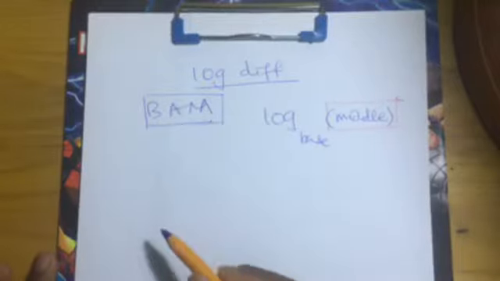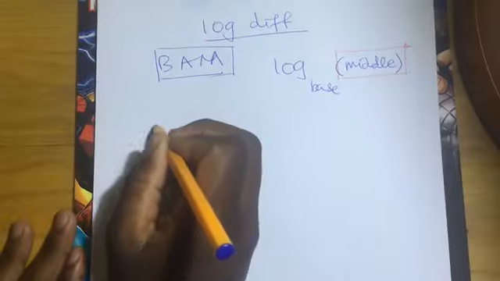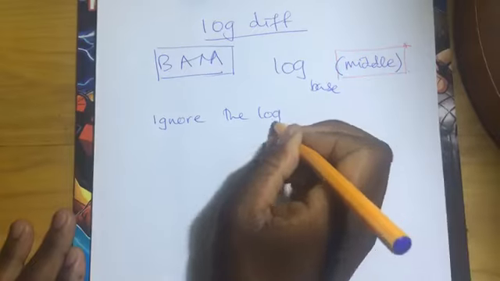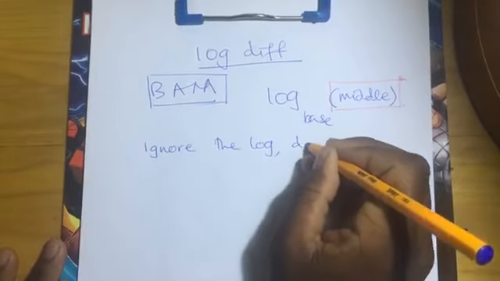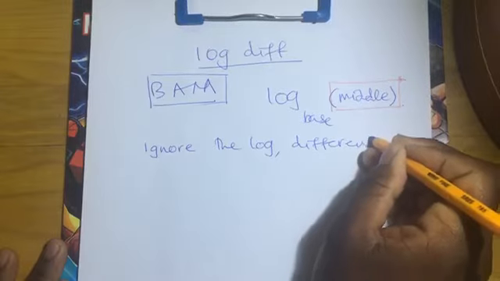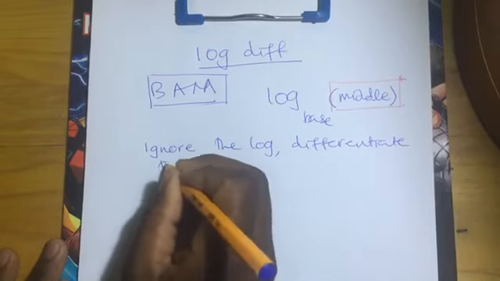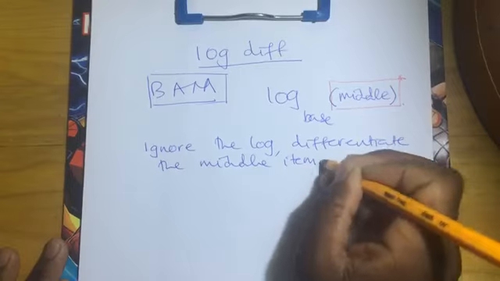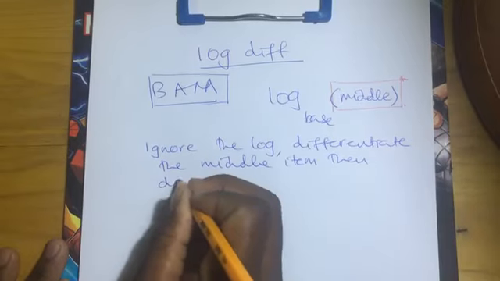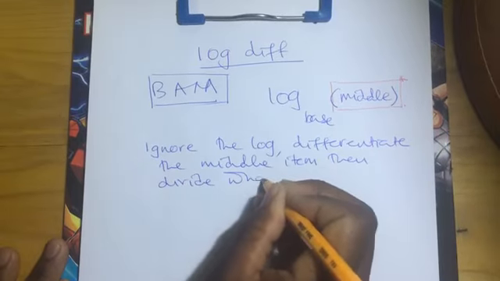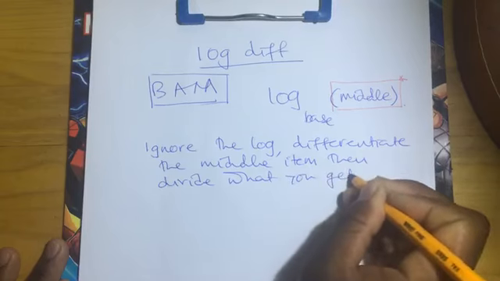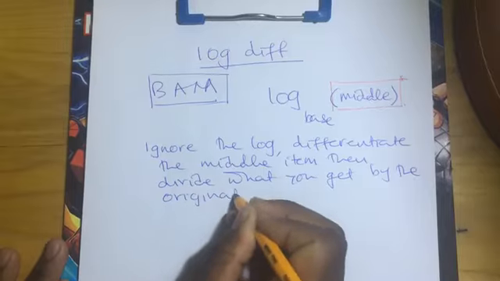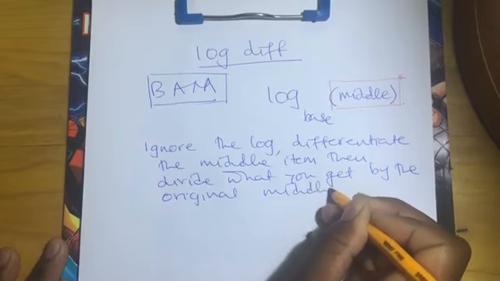So for logarithmic differentiation, here's how you go about it. Number one, ignore the log, differentiate the middle item, then divide what you get by the original middle item.